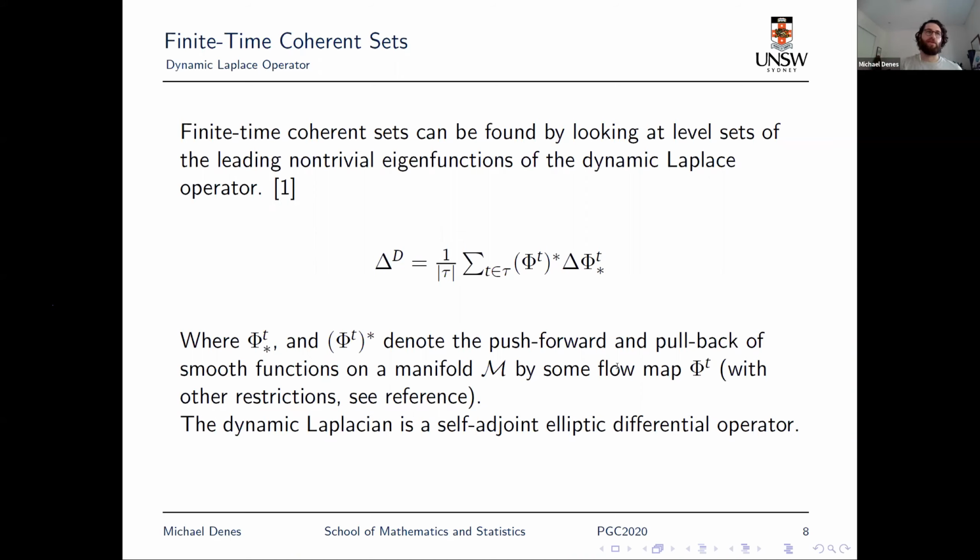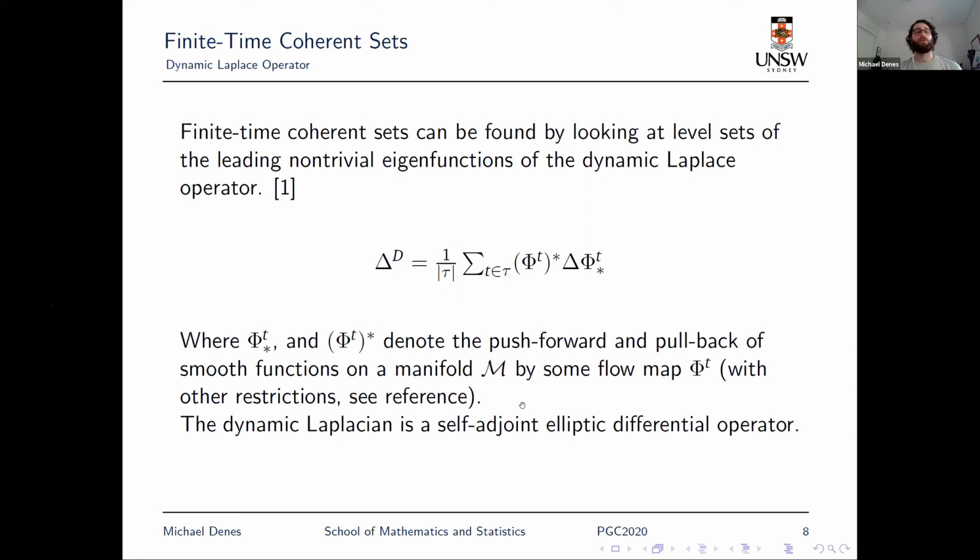So to link it back to finite time coherent sets, you can consider them as level sets of eigenfunctions of this Laplace operator. It's very high level at the moment. You might not really understand what I'm talking about, but once I get into some of the images later, hopefully it makes a little bit more sense.